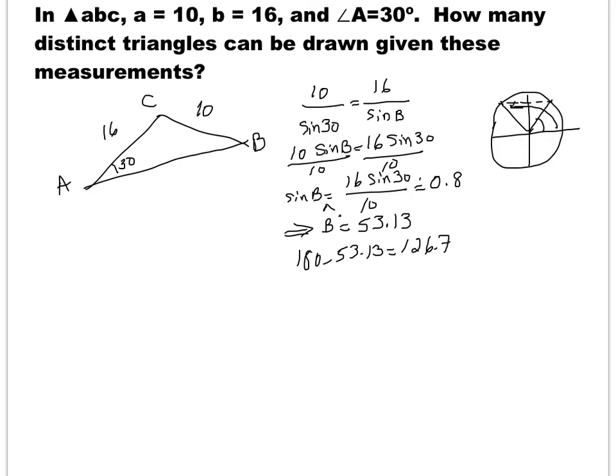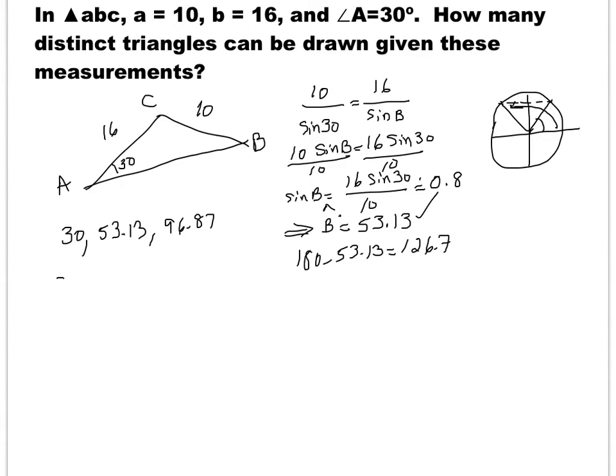Now, there are two possibilities. That angle A is given to be 30, angle B is 53.13, this one, and angle C is going to be 180 minus 30 minus 53.13, which is 96.87. That's one possibility, which is okay.